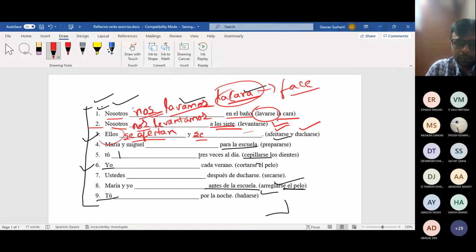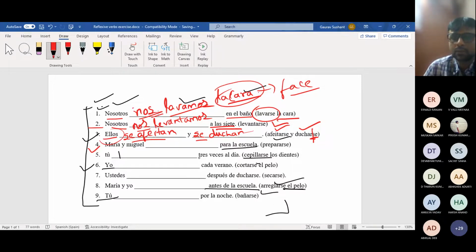First of all, se afeitan is correct. Ducharse is again a reflexive, so se will remain as se for the same third person plural. And duchar is the verb part, which will be duchan. So se afeitan y se duchan. That's it. Good. Sir, what is the meaning of it? It's the same, they shave and take a shower. That's it.